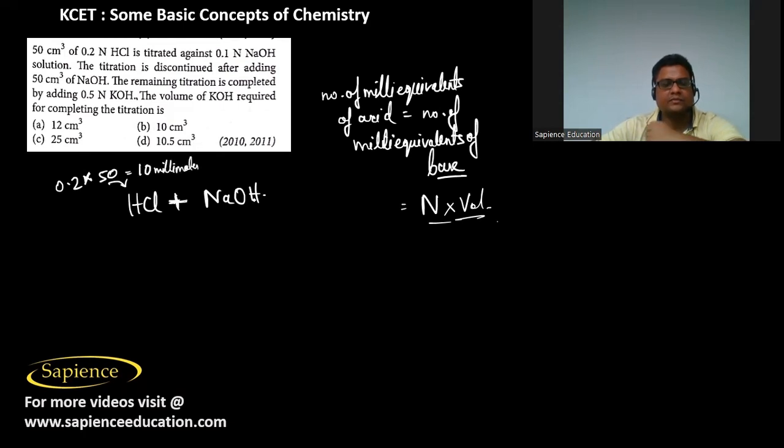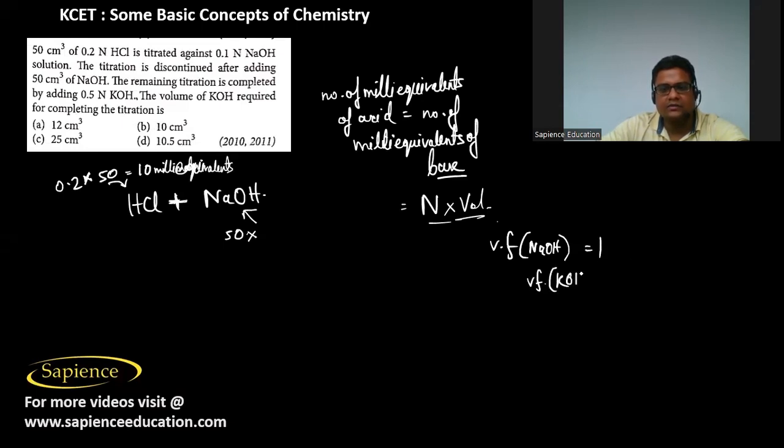Then the number of milliequivalents of the NaOH that is taken, that is 50 ml into 0.1. Here the number of milliequivalents will be equal to the number of millimoles only, since the valency factor for NaOH is 1.